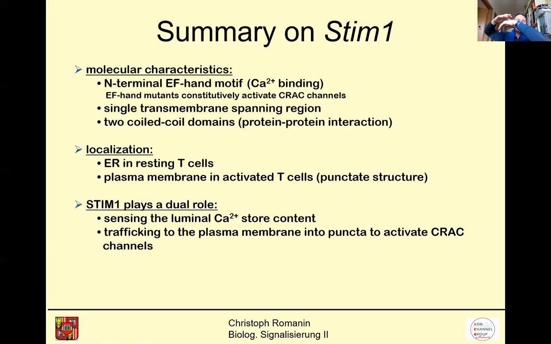Fluorescence microscopy does not have a high enough resolution to differentiate whether it still sits in the ER, very close to the plasma membrane, or has already moved to the plasma membrane.